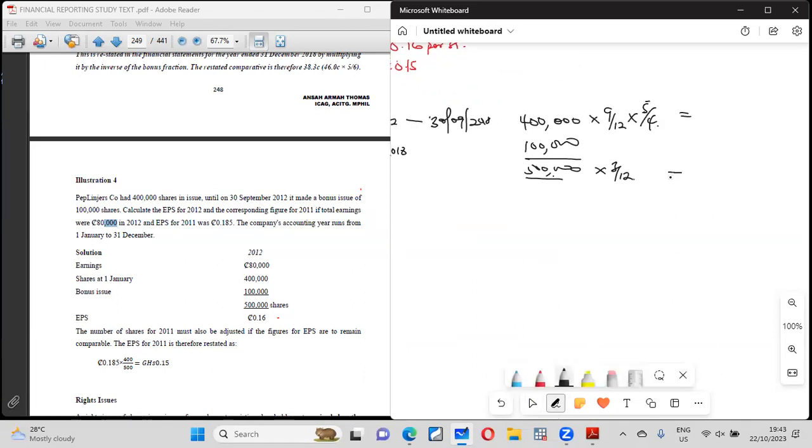If you go by that, how many shares will you get? This side when you multiply, and this side when you multiply, how much do you get? So 9/12 multiplying the 400,000, all over 5/4, gives 375,000 shares.